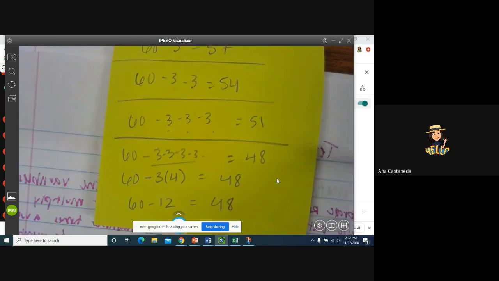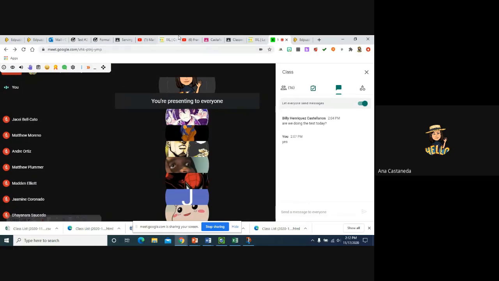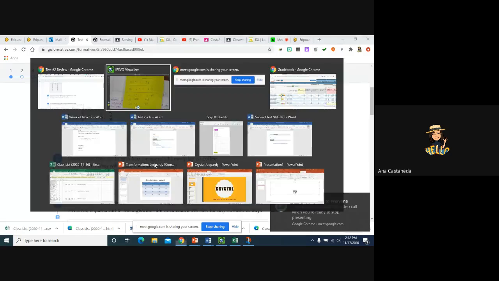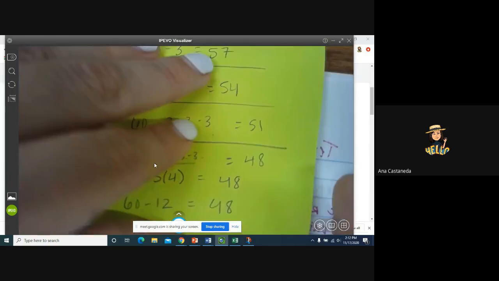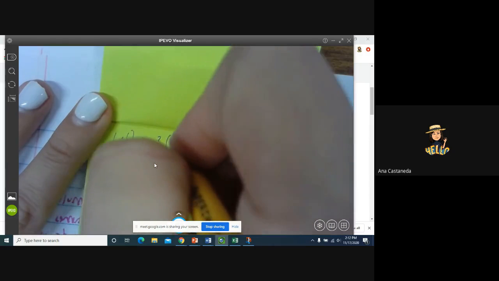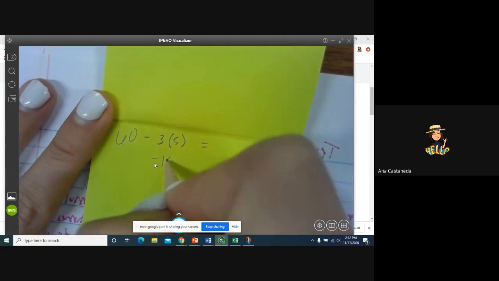Okay, the reason I'm showing you this way is so you can see the pattern, so that we can write the algebraic rule. And it's asking us for 20 days. I don't want to do minus 3 twenty times. I'm hoping you see the pattern. For example, if I had to do this 5 times, I'd write minus 3 five times, which is the same thing as subtracting 15.